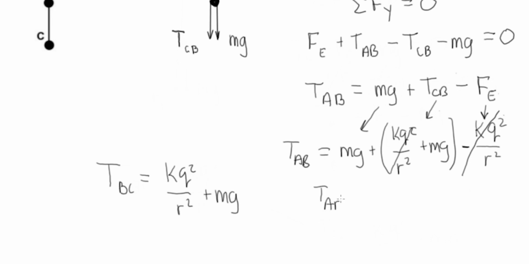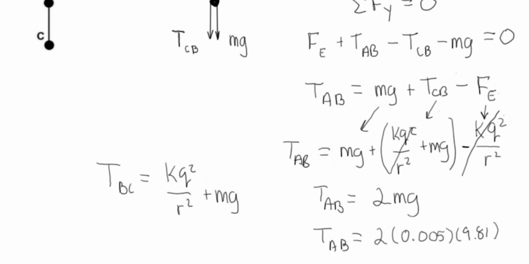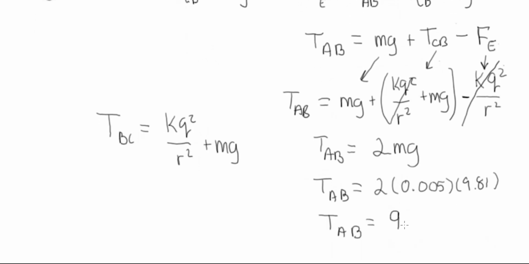So we find that TAB is equal to twice mg, because we have mg plus mg becomes 2mg, which makes it very easy to calculate, saves you a lot of time in your calculator, and really reduces the chance that you'll make a mistake inputting a number. 2 times 0.005 kilograms times 9.81 gives 9.81 times 10 to the minus 3 newtons of tension, which is also the same thing as 9.81 millinewtons.